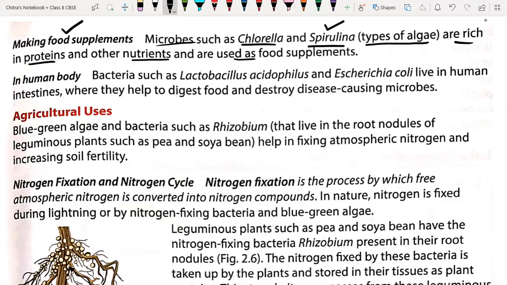Okay, so like spirulina, we have different powders, even Revital, whose advertisements we used to see on television. Okay, they are nothing but drugs which provide extra nutrition to our body, which is required for proper growth and the defense mechanism of the immune system also.